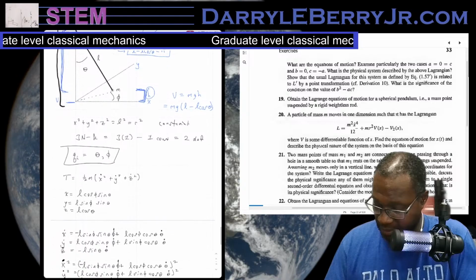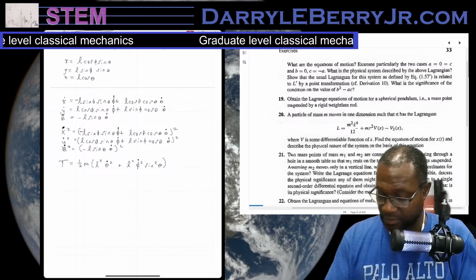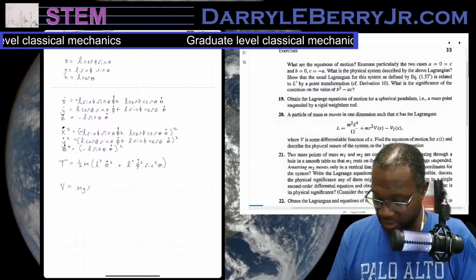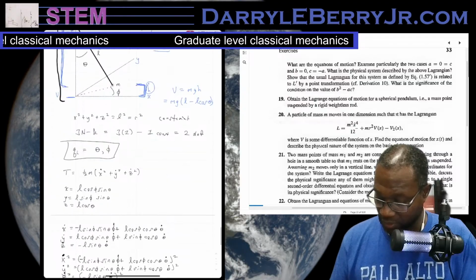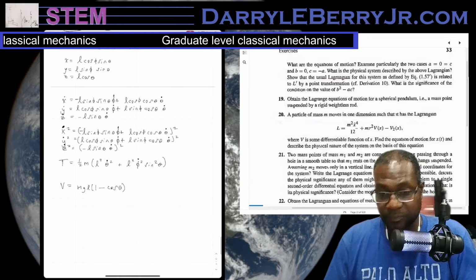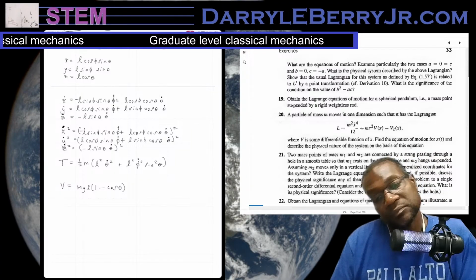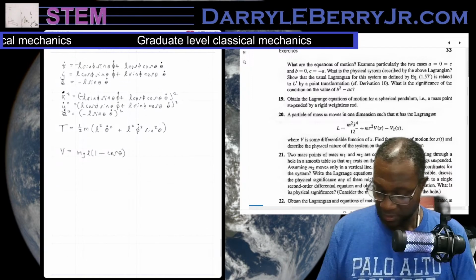Does that make sense? So using this, I'll say V equals mgL times 1 minus cosine theta, extracting the L out of the 1 minus cosine theta. Right?